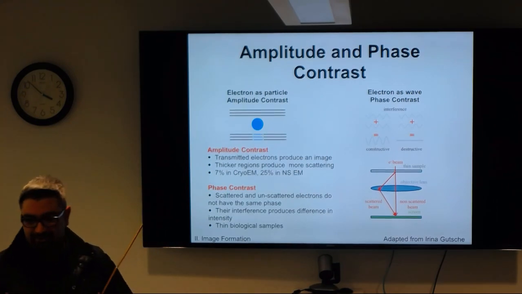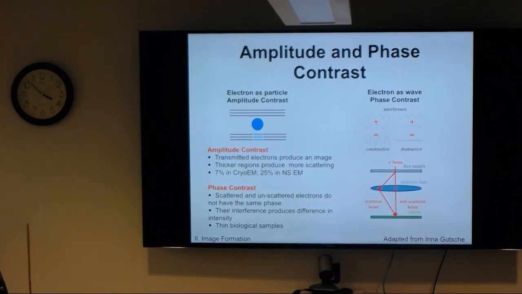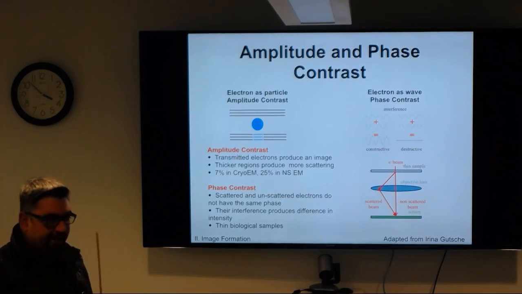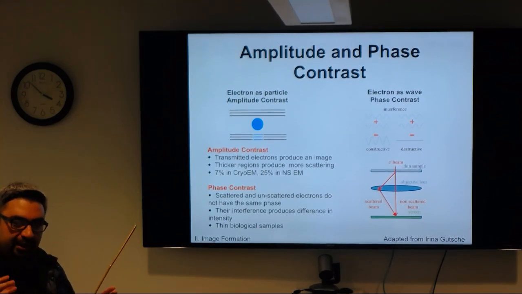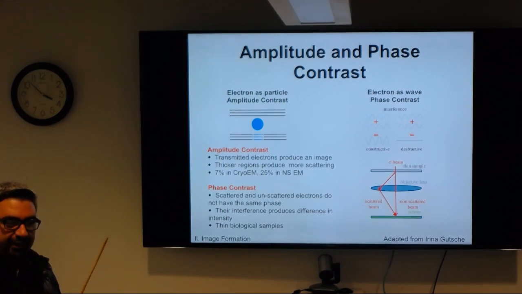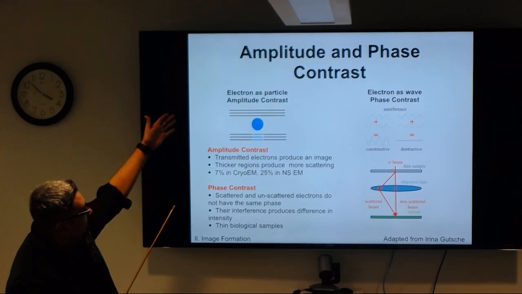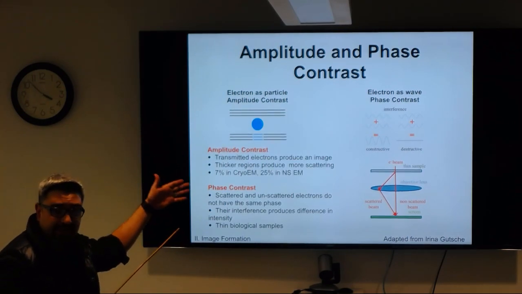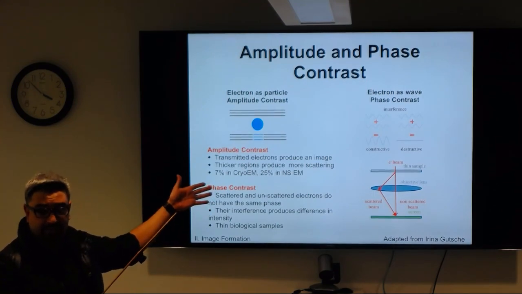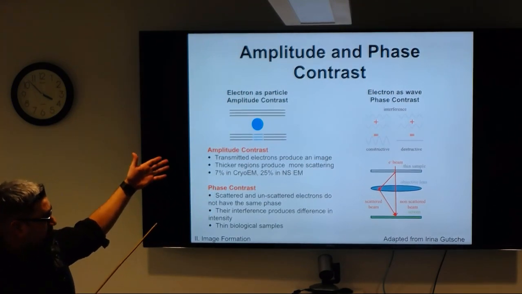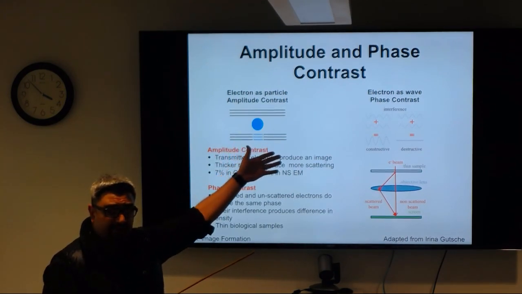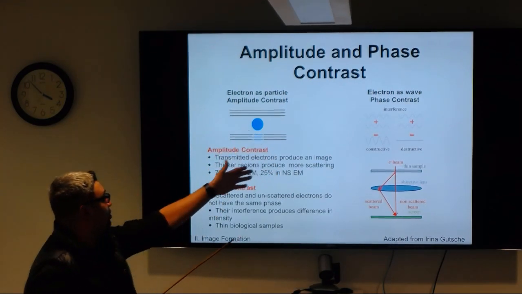The way Grant Jensen described this in his lecture, he used the duality of the electron. Where the electron acts as a particle, it's easier to understand amplitude contrast, whereas where it acts as a wave, it's easier to understand phase contrast.